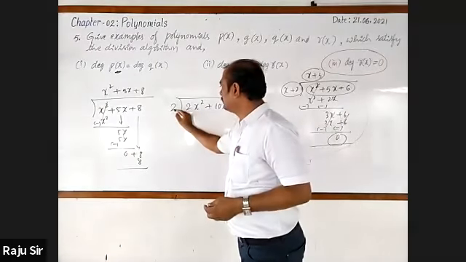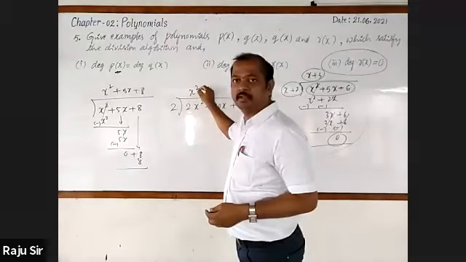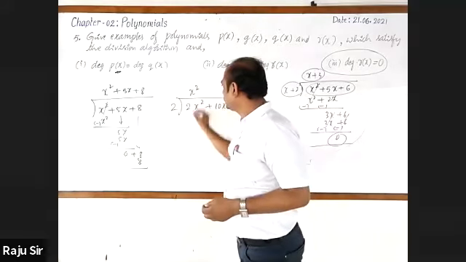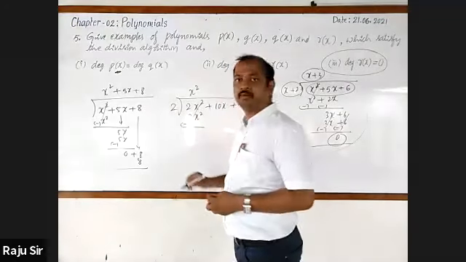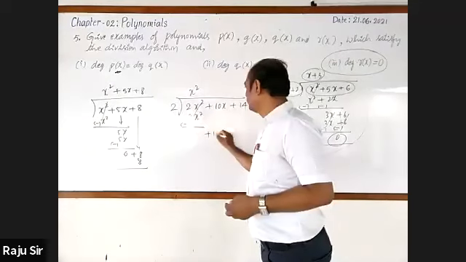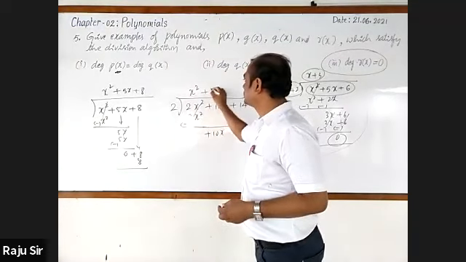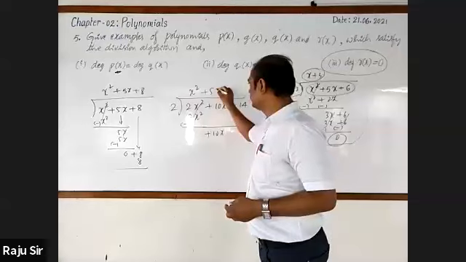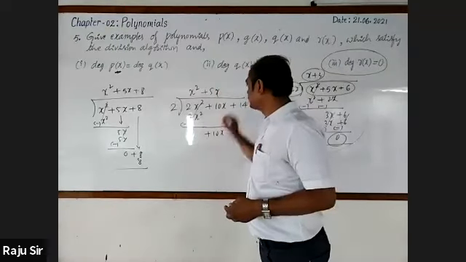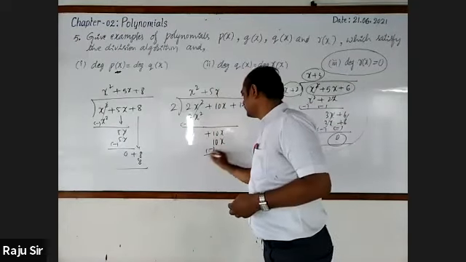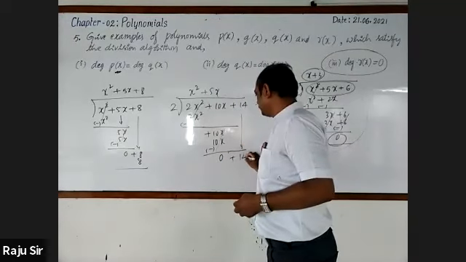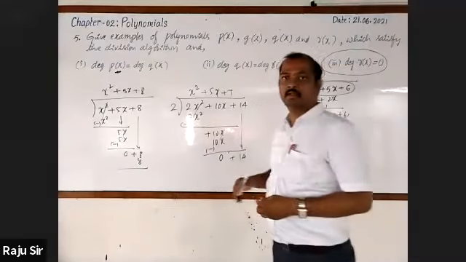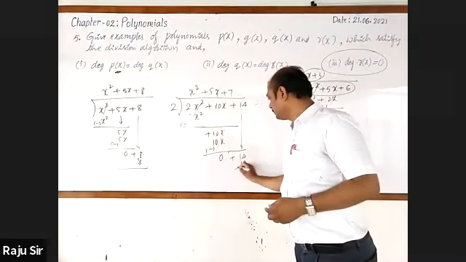What should be multiplied? x square. 2 into x square, 2x square. Minus. It cancels, 0. Then carry out 10x. 2 fives are 10 into x, 10x. Gets cancelled, 0. Then carry out 14. 2 sevens are 14. 14 minus 14 is 0.